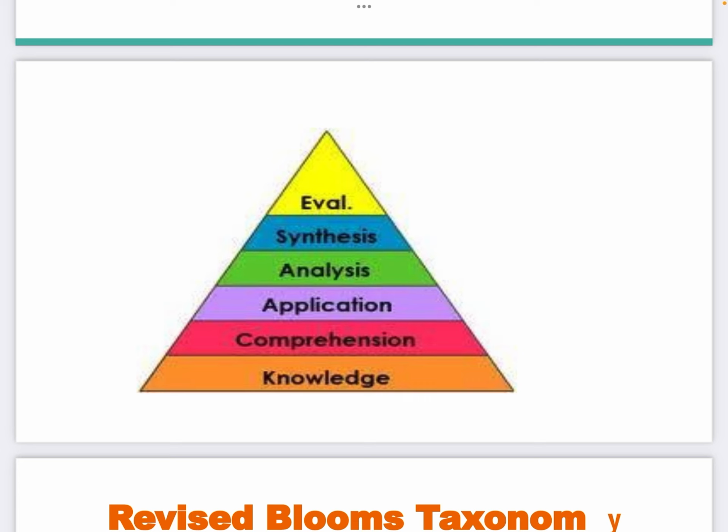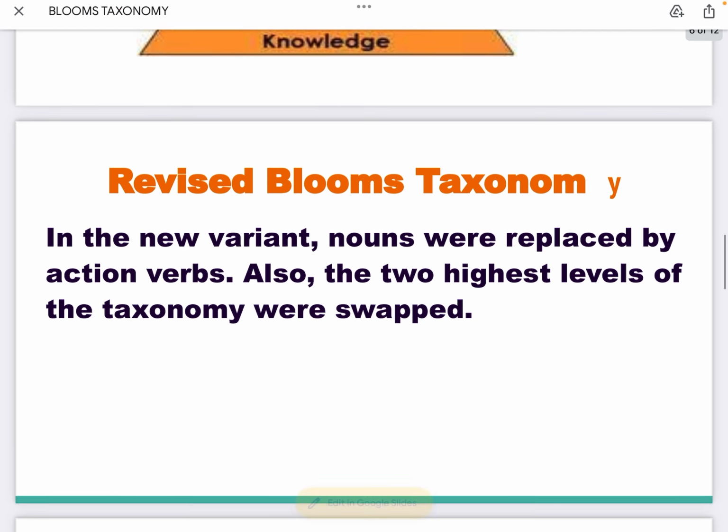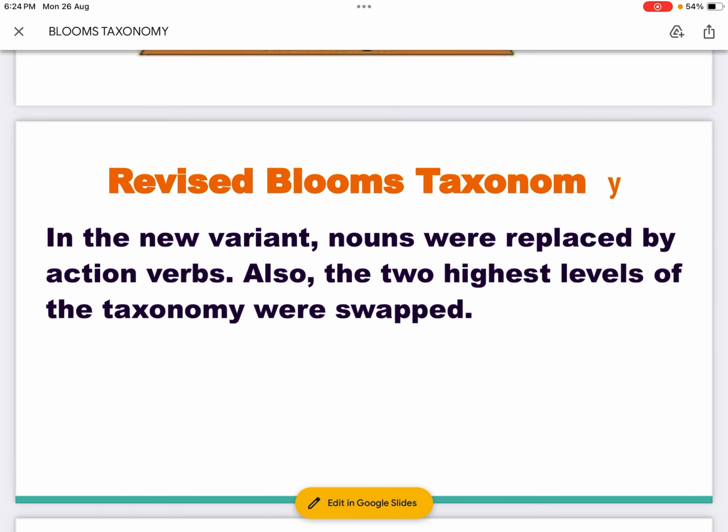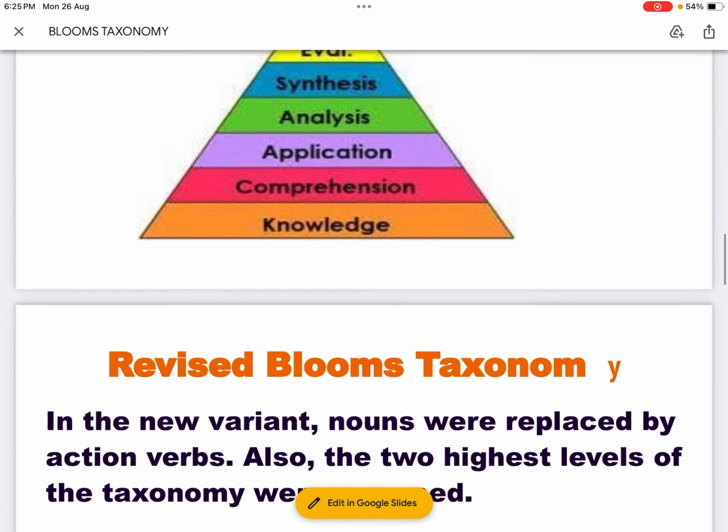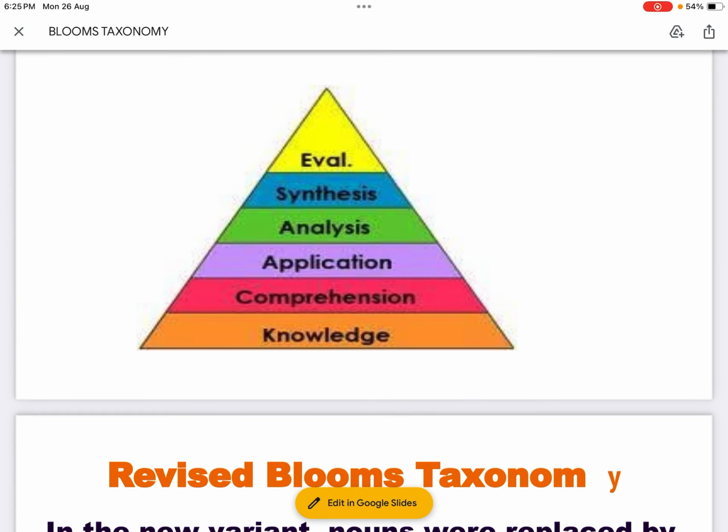But later, in 2001, the educationists felt that Bloom's taxonomy must be revised. So let us see why and how it was revised. In this pyramid, all the levels are in the form of nouns.